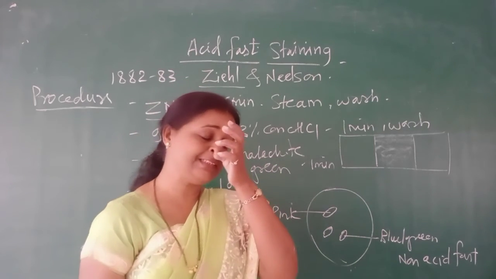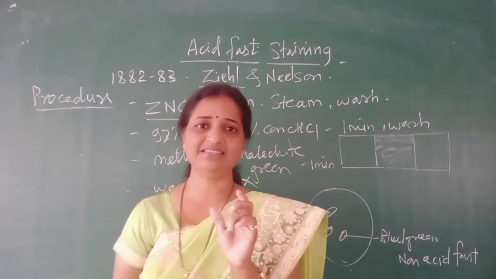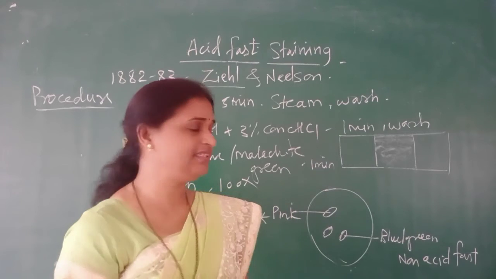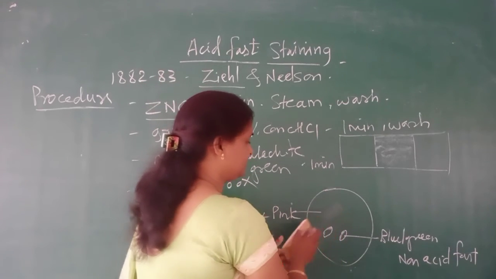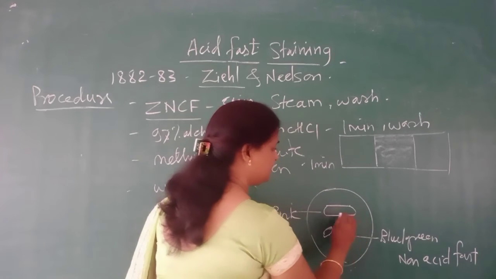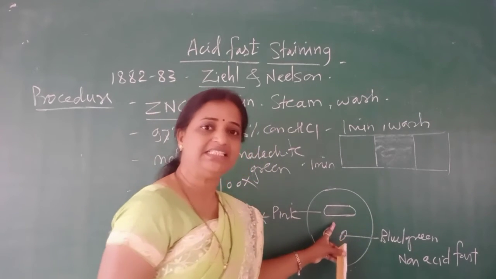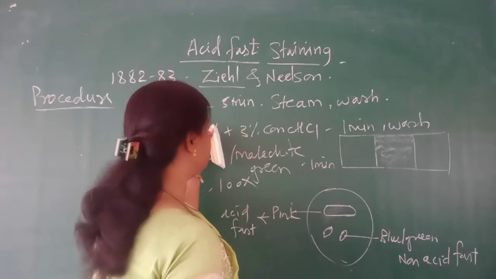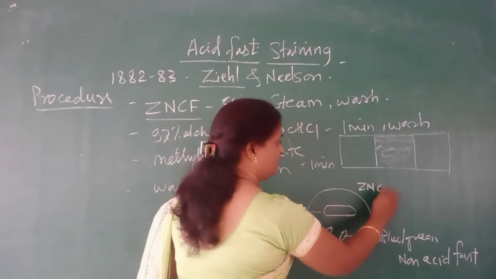Now, what is the mechanism? The mechanism is shortly titled the relative solubility theory. Suppose this is an acid fast bacterium, consider it is Mycobacterium. It consists of waxy lipids, mycolic acids, in its cell wall, and as I told you, ZnCF is the phenolic stain.